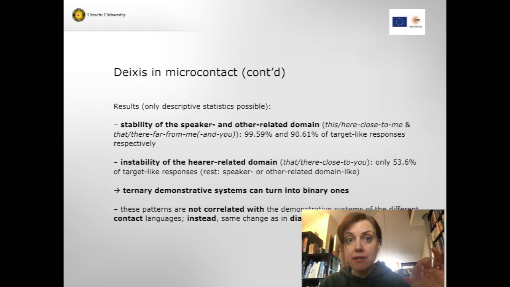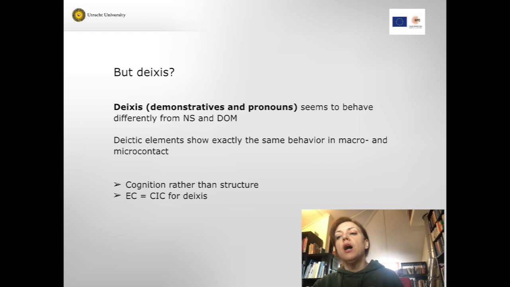So for deixis, we see that diachrony and changing contact really converge. Now, the usual understanding is that changing contact and diachrony are the same, so changing contact only accelerates diachronic change. Well, that's not true. That's true only in some cases. In the case of deictics, yes, it is true.